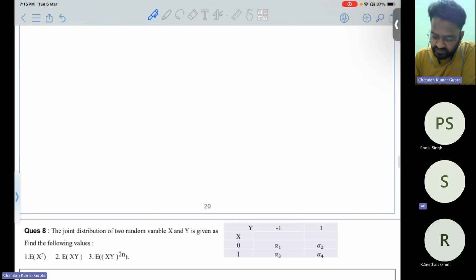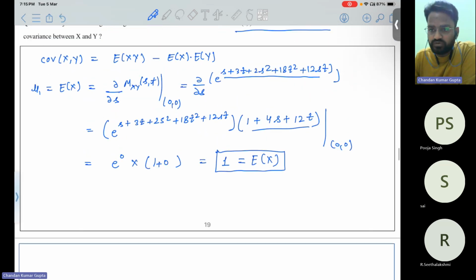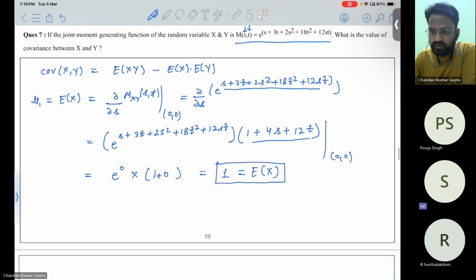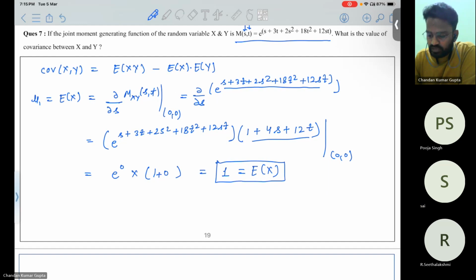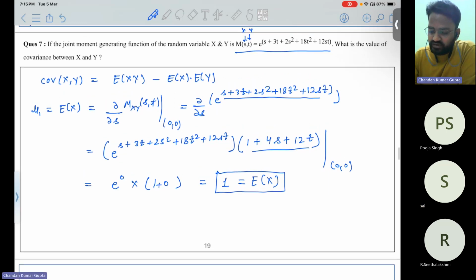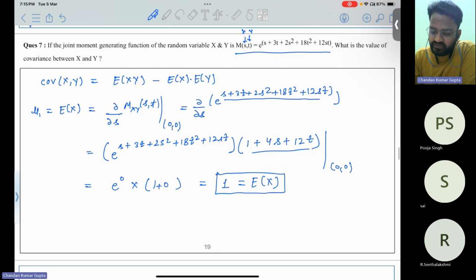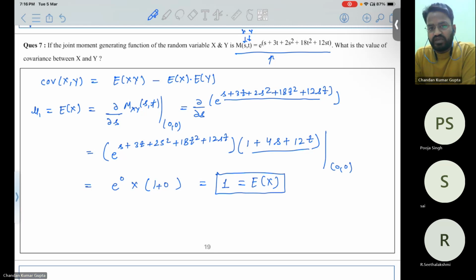In the same manner we will proceed. Why 0, 0 is there? When we have a moment generating function and we want to evaluate the moments like mean and variance, the rth order moment, then we differentiate the mgf r times and put the values of s and t equal to 0, and we get that order moment.